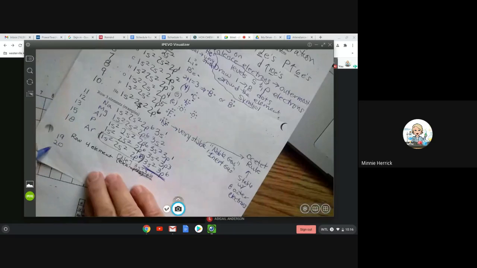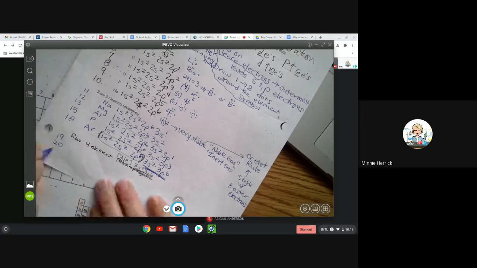And then we're going to jump over and do a couple D's, like, let's do manganese, which is number 25. We could do zinc, which is 30. And then we could do arsenic, 33. And then we could end with krypton, 36.